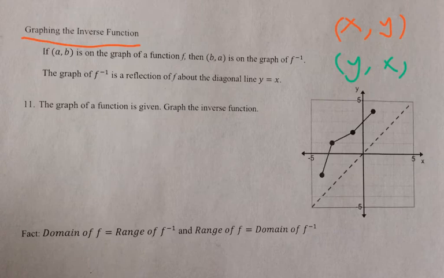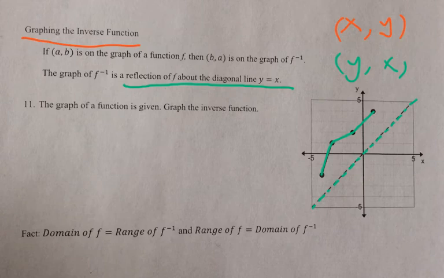The graph of the function's inverse is a reflection of f about the diagonal line y equals x. So what you want to look for is this y equals x line, and you want to see the reflection of this function over that line.